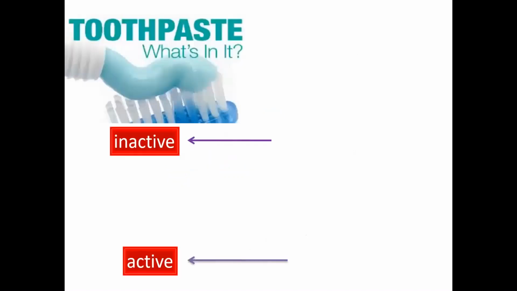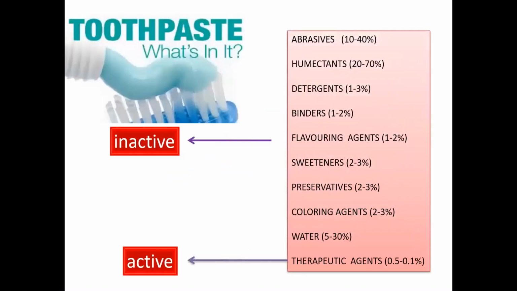So if we look at the composition of the toothpaste, we have inactive and active ingredients. Mostly the inactive ingredients are more. Say, for example, the abrasives, flavoring agents, sweeteners, preservatives, and coloring agents, they are inactive ingredients. And the active ingredients are the therapeutic agents which may help to prevent caries or gingivitis.